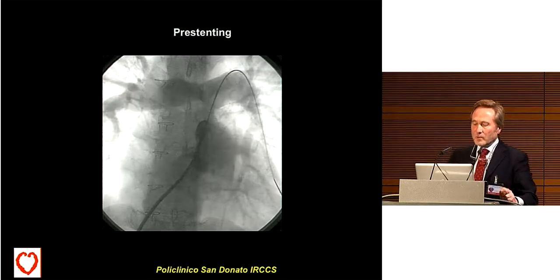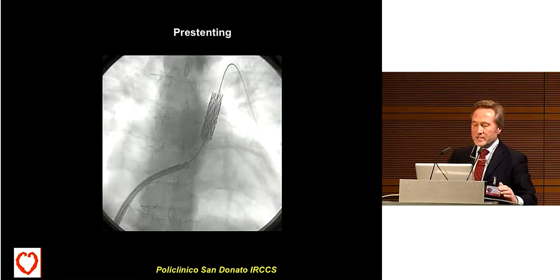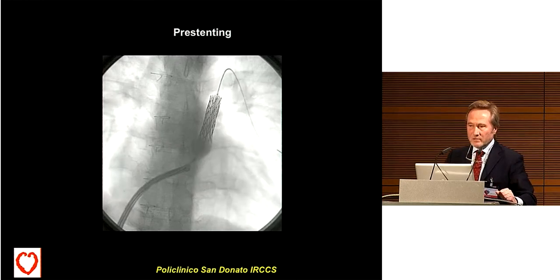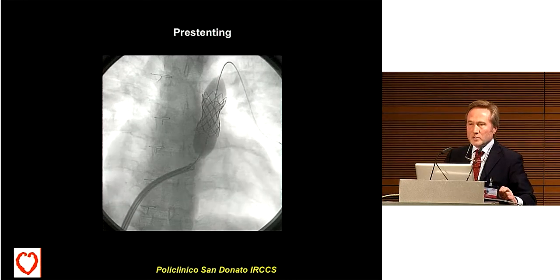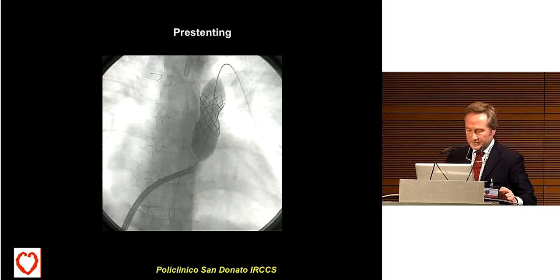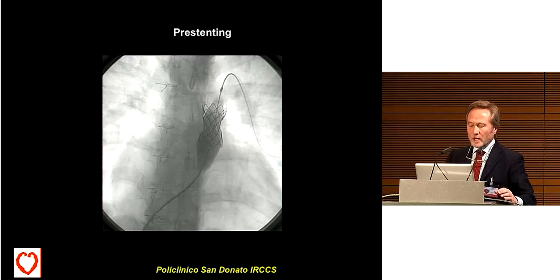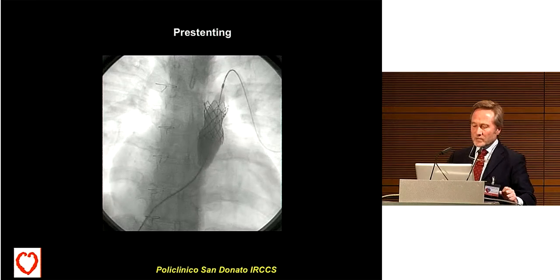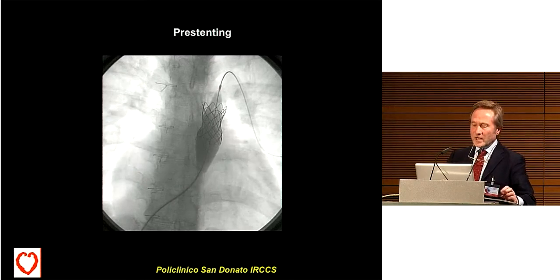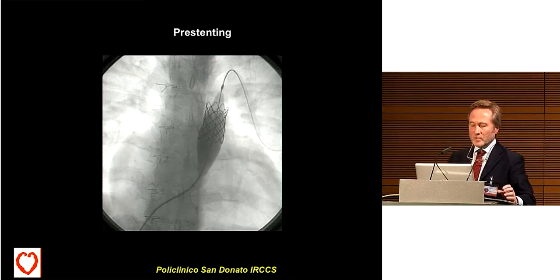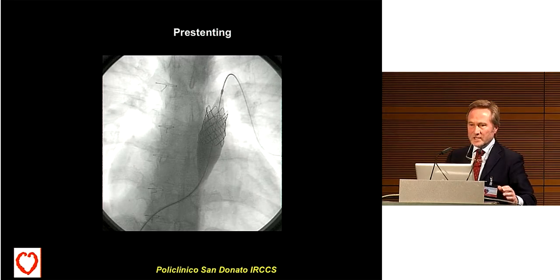Very briefly talking about the procedure, prestenting is used in almost all patients to prepare a good landing zone. For example, in this particular patient, the stent is post-dilated with a high-pressure balloon, to facilitate and give the ideal position to put the Melody in.